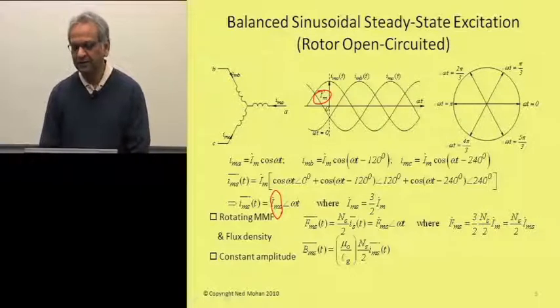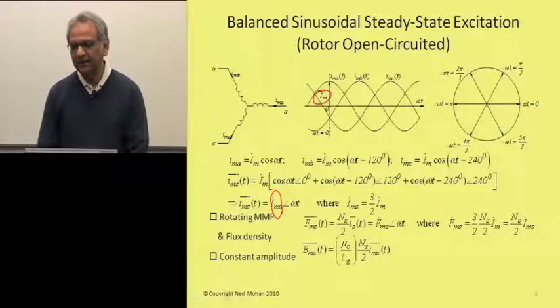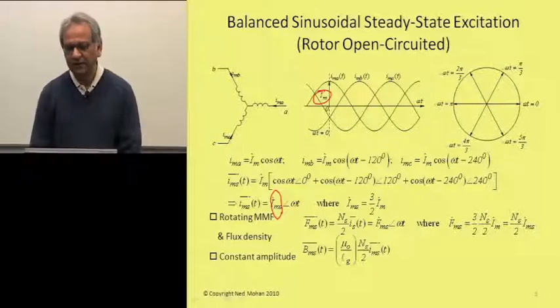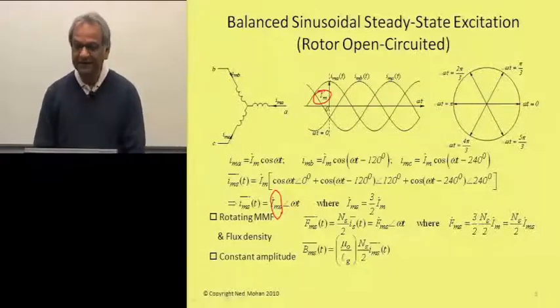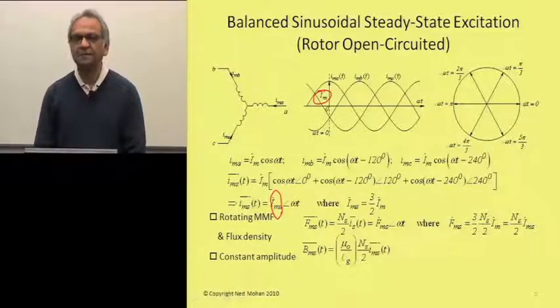So at, let's say, 120 degrees, which is 2 pi over 3 radians later, the stator current space vector is peaking along phase B axis, because at that instant of time, the current in phase B is at its positive maximum.